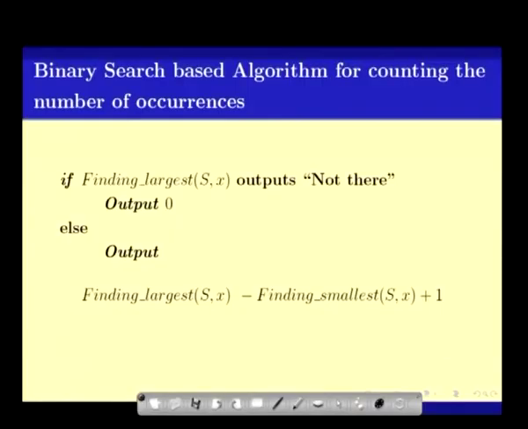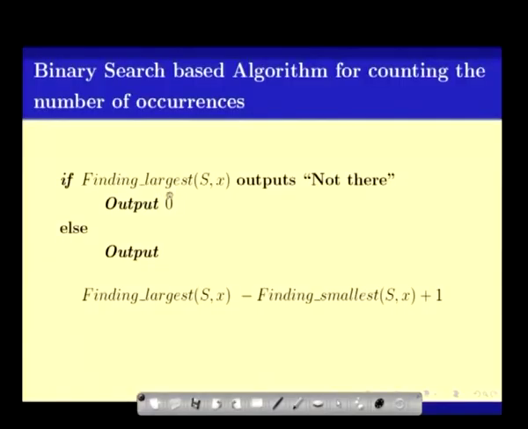And now, when we are done, our final algorithm for counting is as follows. We first run the algorithm for finding the largest. If that outputs not there, that means this x is not even in this set, and then we output 0.